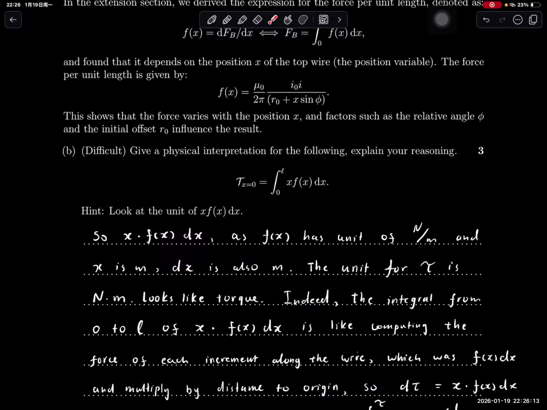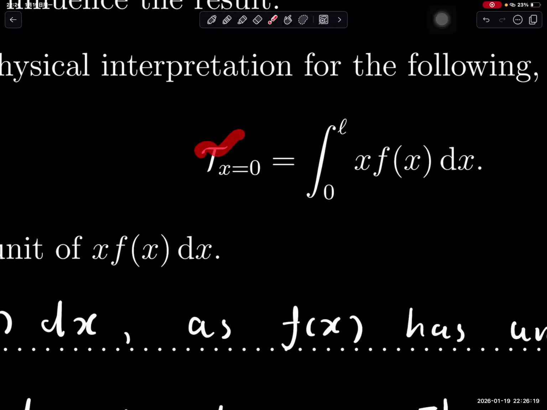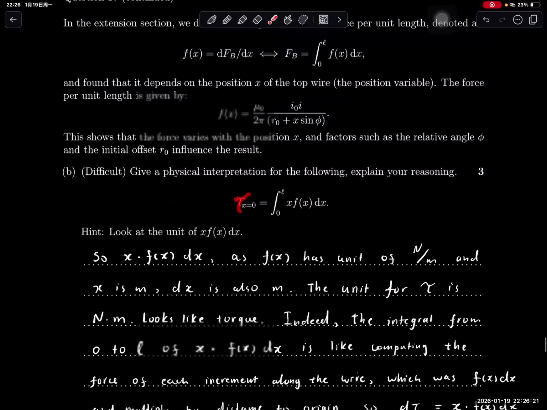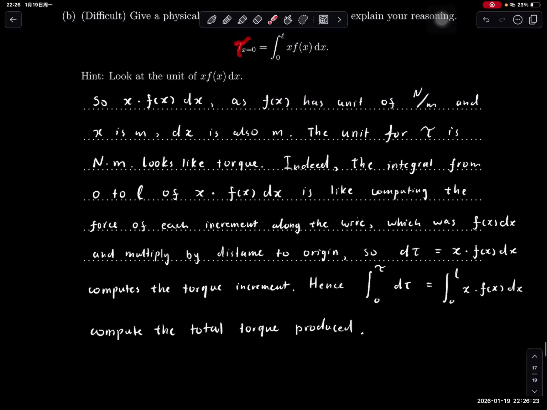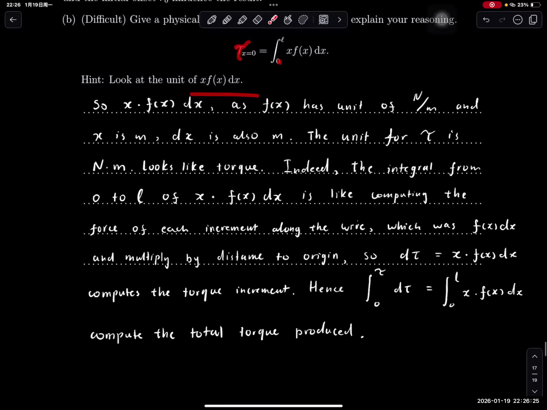The torque for that rotation is evaluated using this integral. You can pretty much tell that from this symbol here. This is my tau. So look at the units for this. Because we're summing from 0 to L, this torque is associated to x equals 0. That's just me trying to explain it.